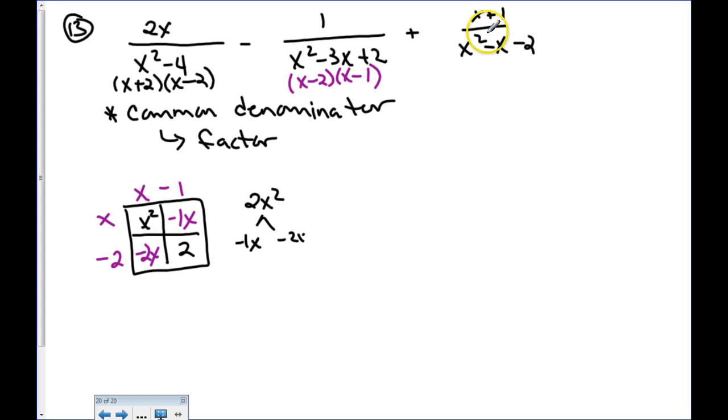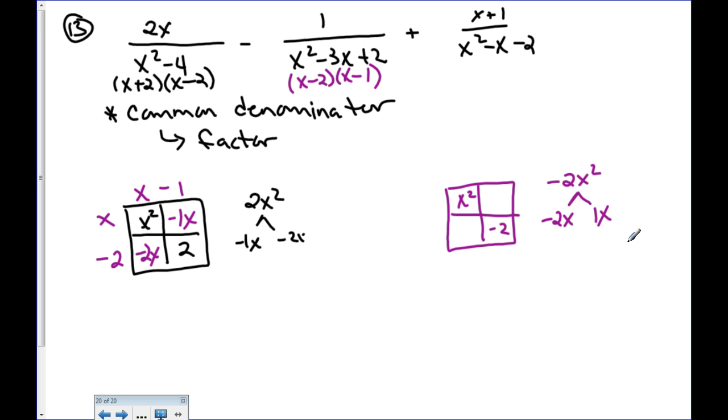We want to do the same thing for this one. Top left corner is an x squared. Bottom is a negative 2. If I do the diagonal here, I have a negative 2x squared. And I need to find my factors of that would add up to be a negative 1x. So it's going to be a negative 2x and a 1x.